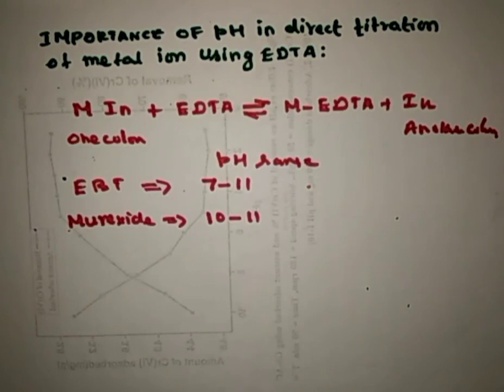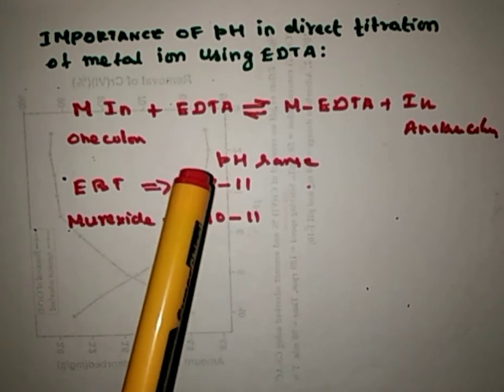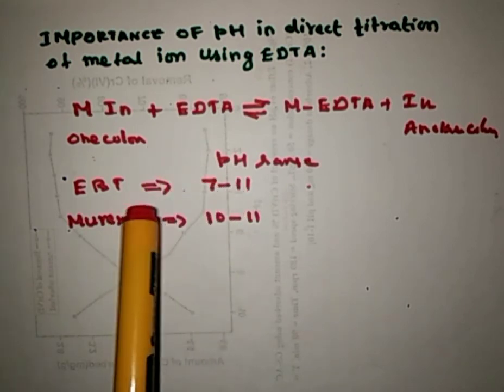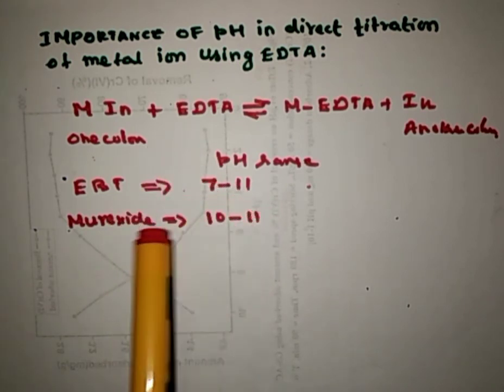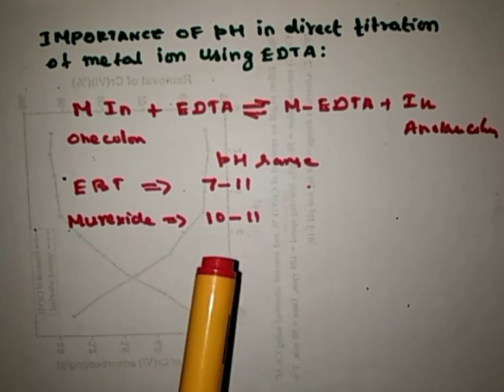And we saw the importance of pH in direct titrations of metal ion using EDTA. When we use EBT, the pH range is 7 to 11. When we use Murexide, the pH range is 10 to 11.